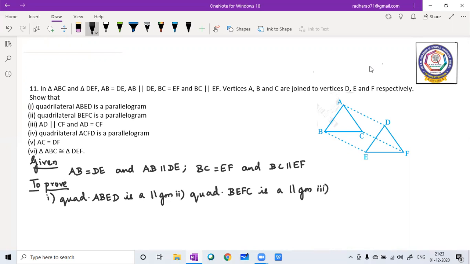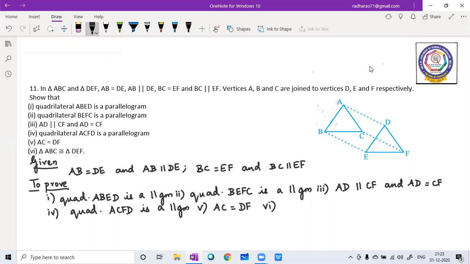Third one, AD is parallel to CF and AD is equal to CF. Fourth one, quadrilateral ACFD is a parallelogram. Fifth one, AC is equal to DF. And the sixth one is triangle ABC is congruent to triangle DEF.